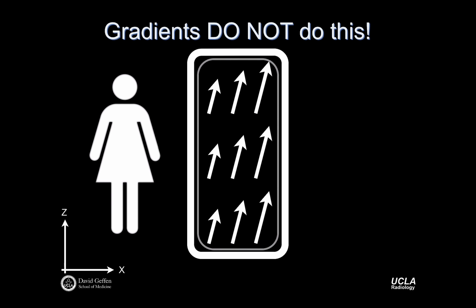Gradients don't, at least as we treat them in this class, we'll talk about some little exceptions later, Maxwell fields and stuff, but gradients aren't changing the direction of the B0 field, the direction of the externally applied magnetic field, right? They're adding or subtracting in the K direction, the Z direction, and they're adding or subtracting gradients in the X, Y, or Z direction. So conceptually, you've got to get that right, because I don't want you having that sort of confusion in your head. So that's definitely not what happens.